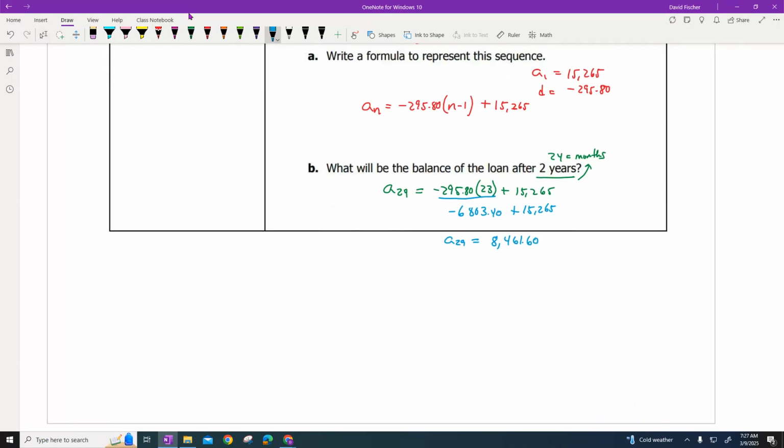Now just like I was talking up above, you need to say, in 2 years, the balance will be. I mark off a half a point for comma if you don't have a comma there.